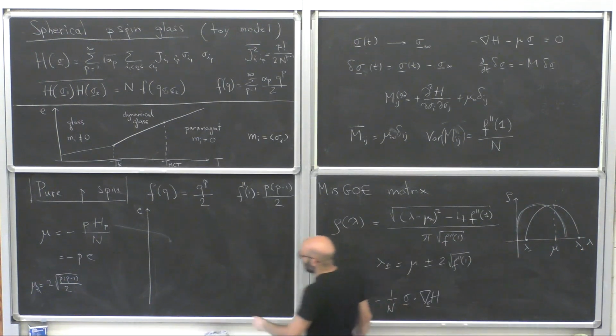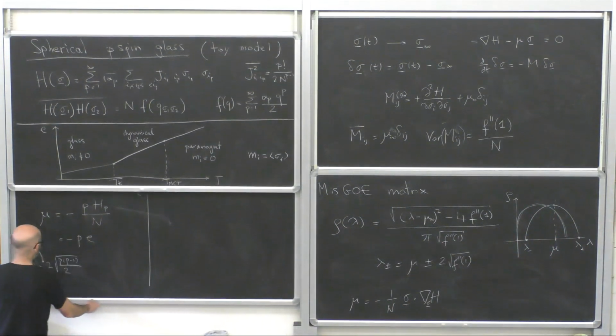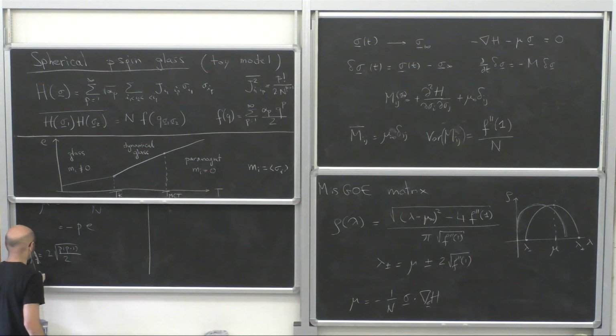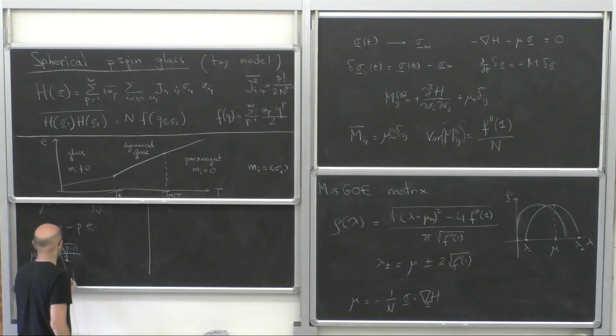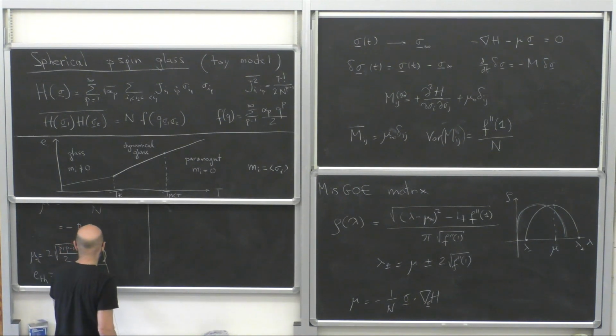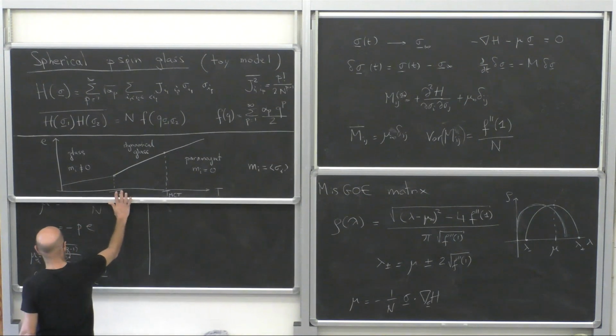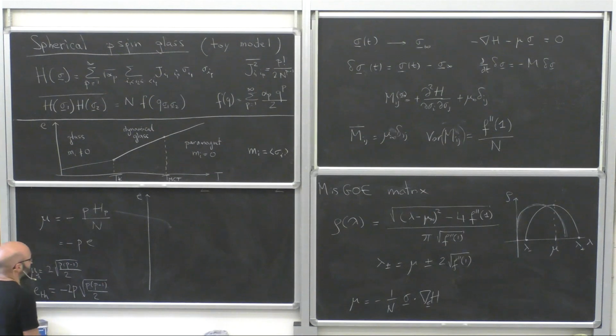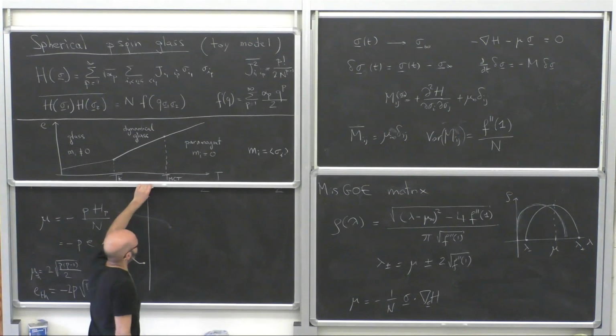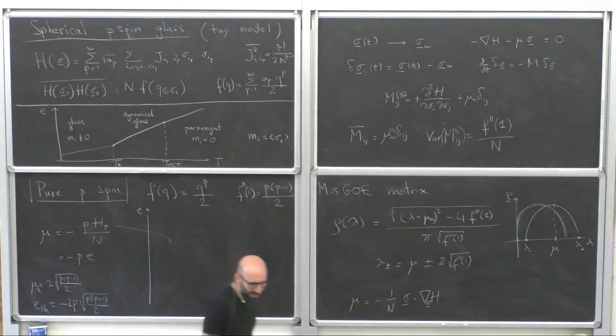So the energy that corresponds to that is called the threshold energy, and it is given by minus 2 P square root of P times P minus 1 over 2. I think I made a mistake somewhere.